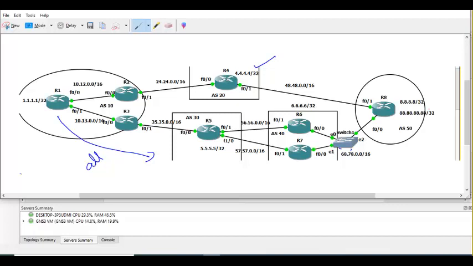Will router 1 take the route via 3 or will it go via router 2? Think and tell.